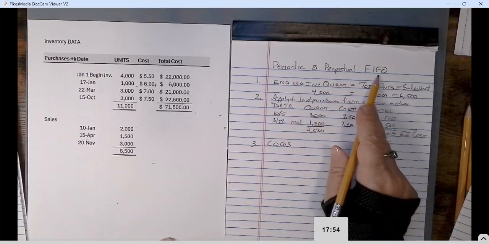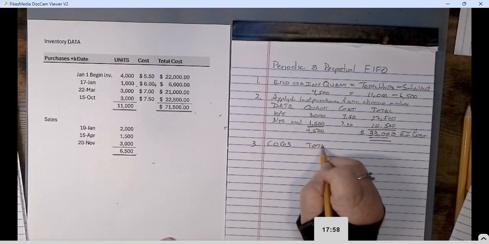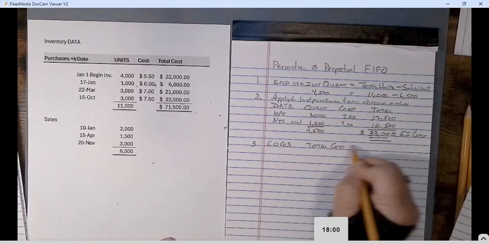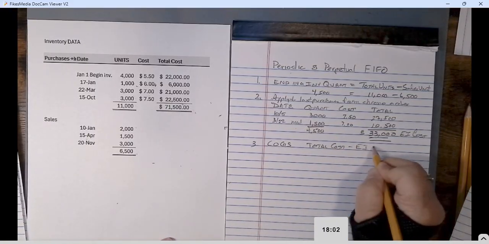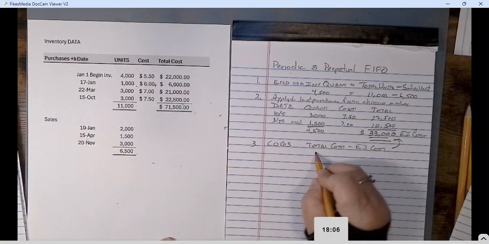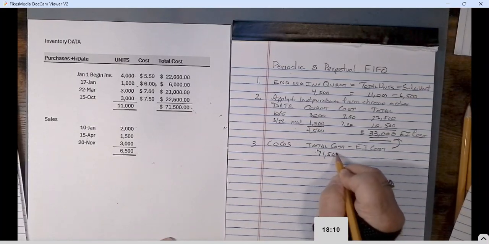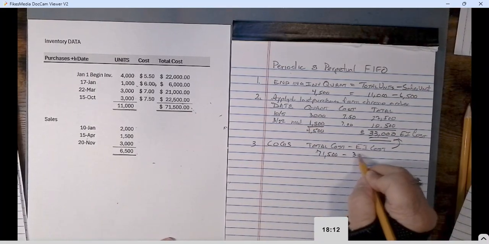Under periodic, perpetual, FIFO, the cost of goods sold is going to be total cost minus ending inventory cost. That's this number up here. So my total cost was 71,500. Subtract 33,000.